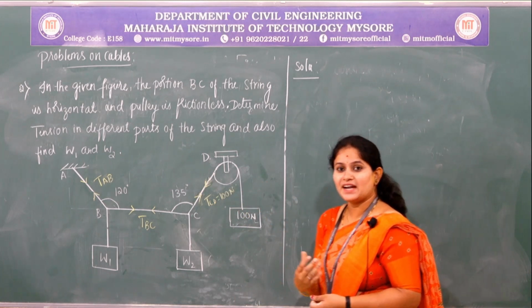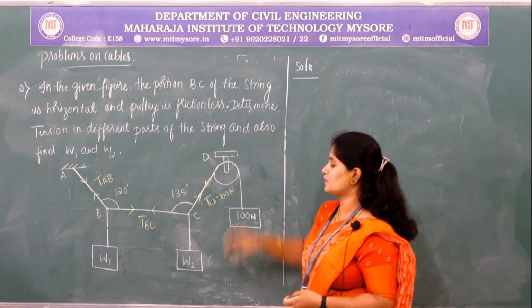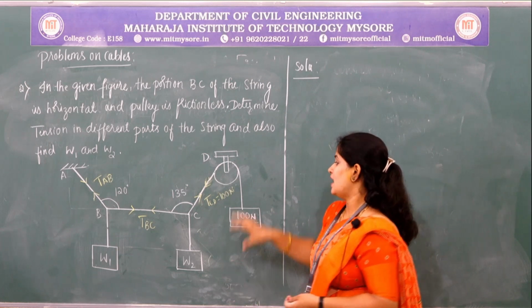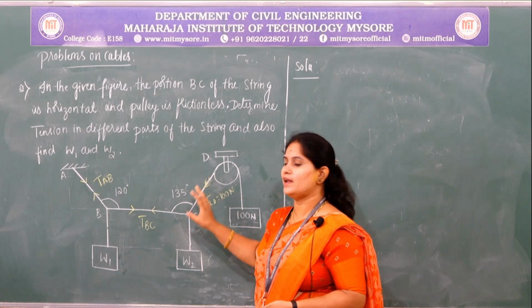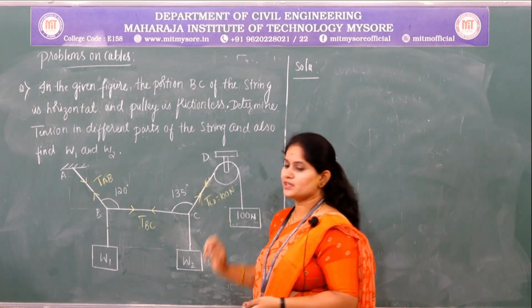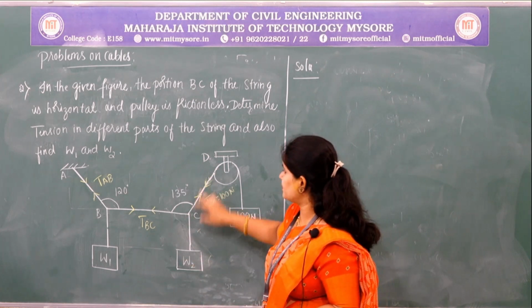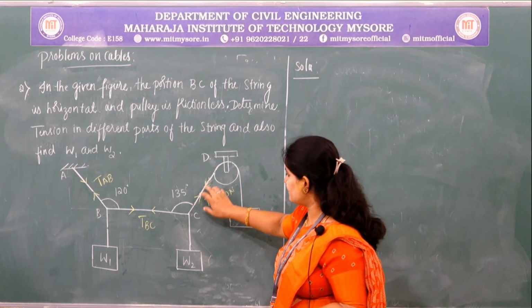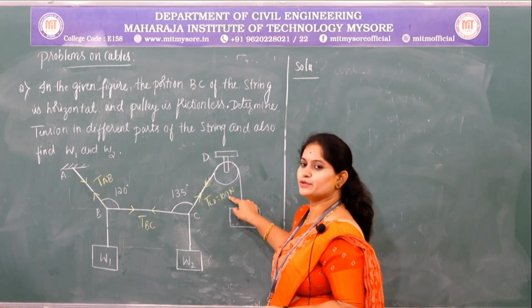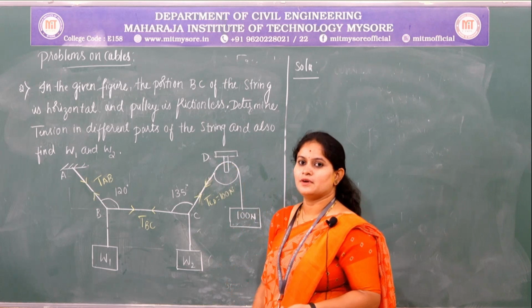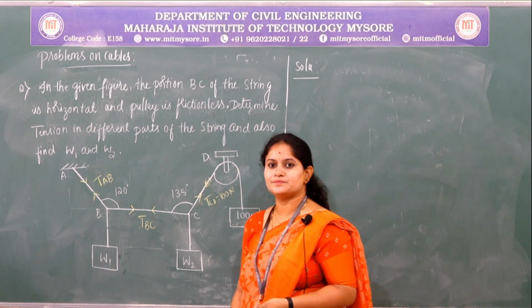When we are discussing important points, we got to know about this frictionless pulley. Whenever there is a hanging load, that hanging load will be equal to the tension in the connecting cable. Here the connecting cable is CD, so the tension developed in CD will be equal to this hanging load, since the pulley is frictionless, which is equal to 100 Newton.